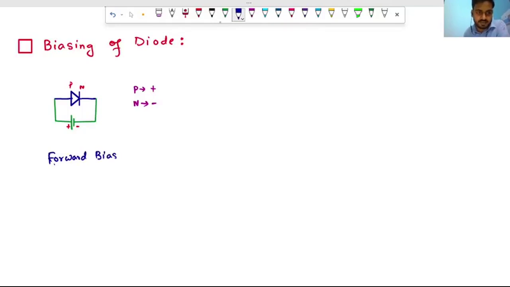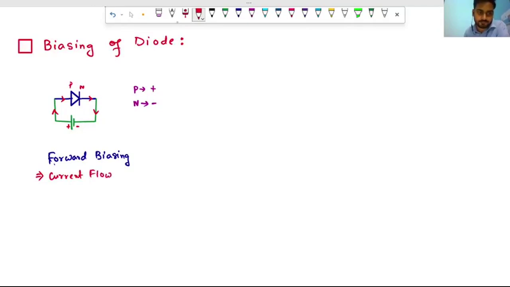This is forward biasing. What happens in this case? Once we connect the battery with this ideal diode, current flows through the diode. Current flows.